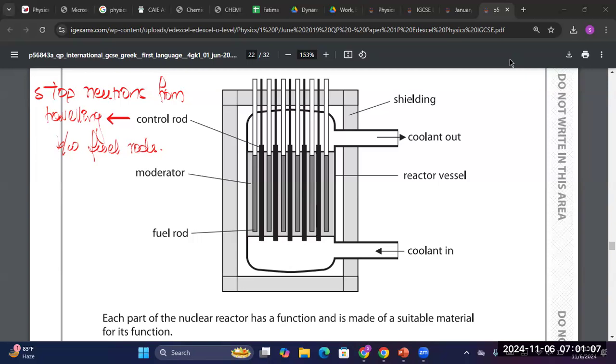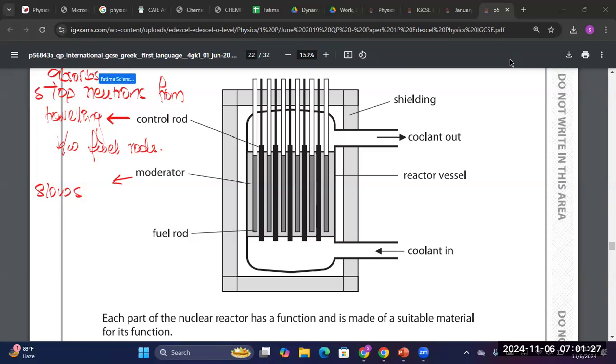Then we have the moderator. What is the function of a moderator? It slows down the neutrons. The control rod completely stops them or absorbs them.